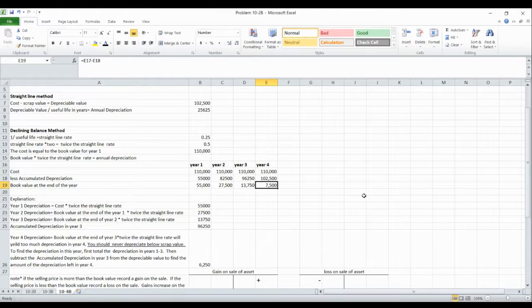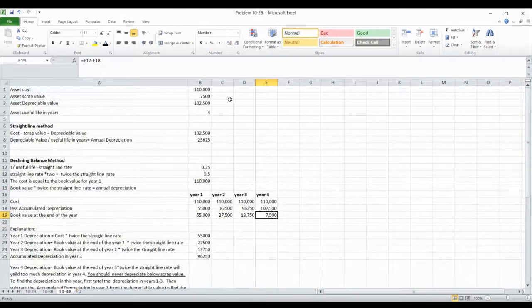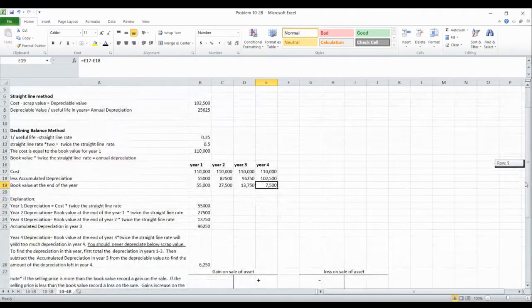Remember, your book value in the last year cannot go below the scrap value. The scrap value in this asset was $7,500. So this is how you would calculate the depreciation for this particular problem.